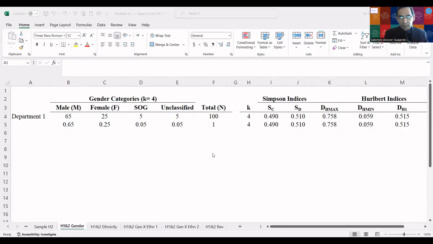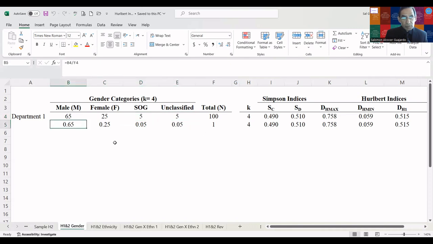So here I'm going to apply again the Hurlbert Index of Diversity and also the Hurlbert Relative Index of Diversity to the gender data that was presented in episodes 1 through 3. Recall that the Hurlbert indices are based on the Simpson index. So again, just to repeat from the previous episodes, I have an organization here that's composed of 100 individuals. 65 are males, 25 are female, 5 of some other gender group, and 5 that are unclassified.